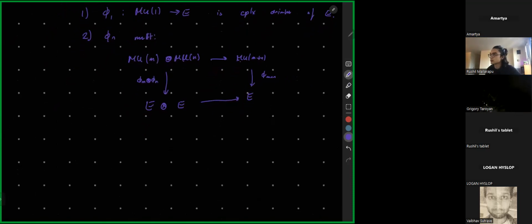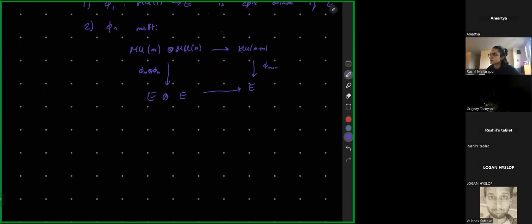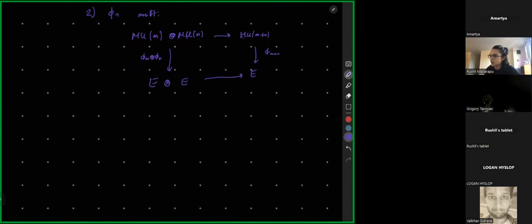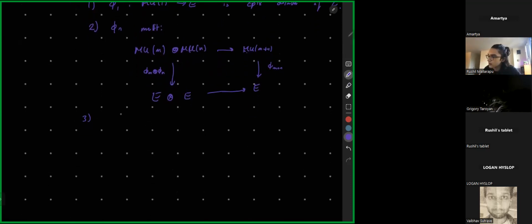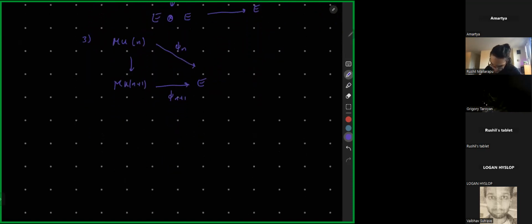So that's great. And three, it's even true that if you look at the composite map from MU n to MU n plus 1 to E, this is phi n plus 1. If you take this composite, then you actually get back phi n.